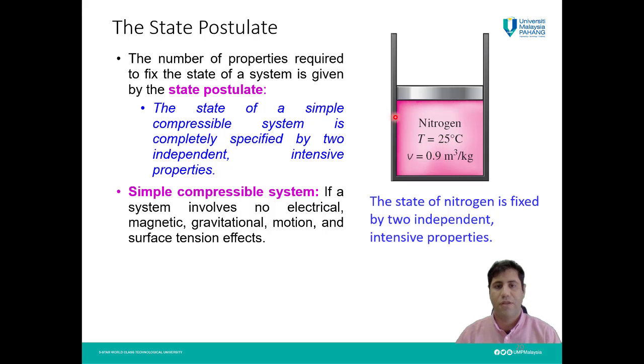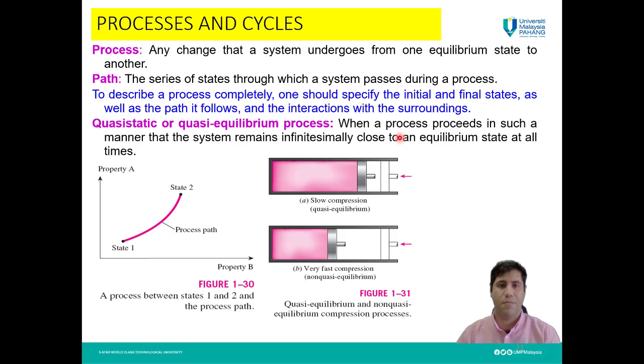So for a simple compressible system, which can be specified by two independent intensive properties, we have a state postulate. Only two properties can give us the state. This gives us the system which we can use for our calculations of the thermodynamic properties of the system.